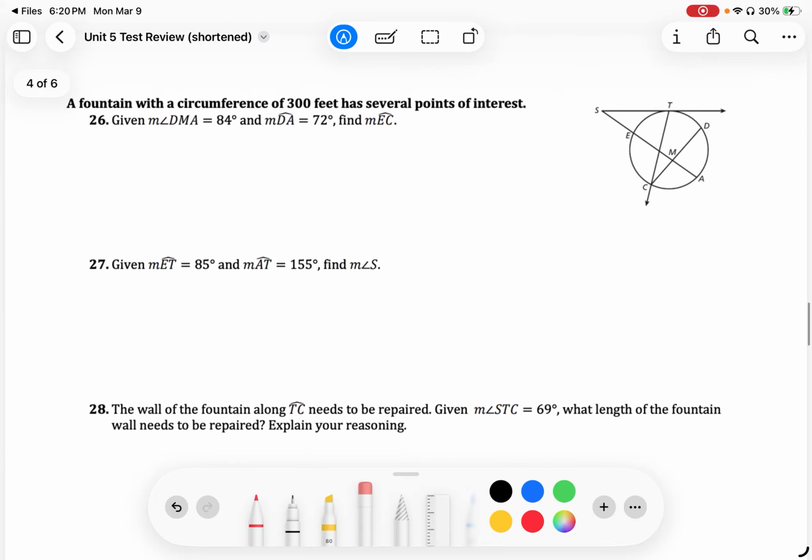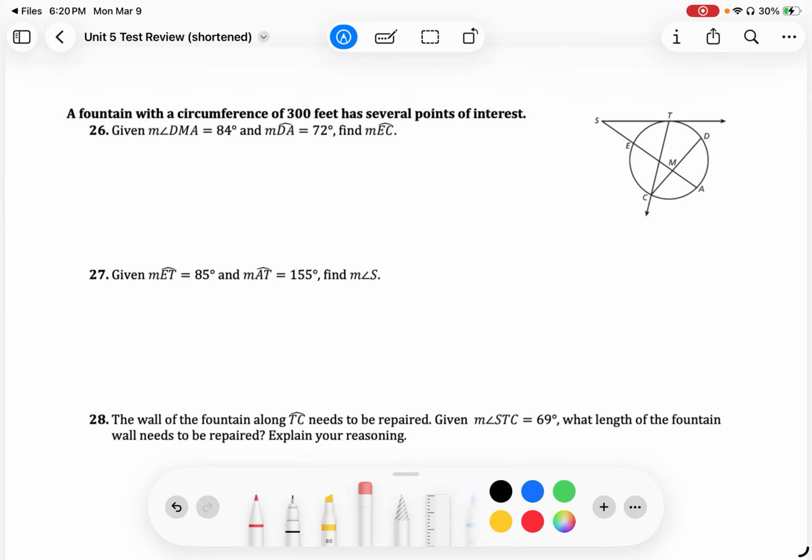A fountain with a circumference of 300 feet has several points of interest. Given a measure of DMA is 84 degrees, and the measure of arc DA is 72 degrees, find the measure of arc EC.